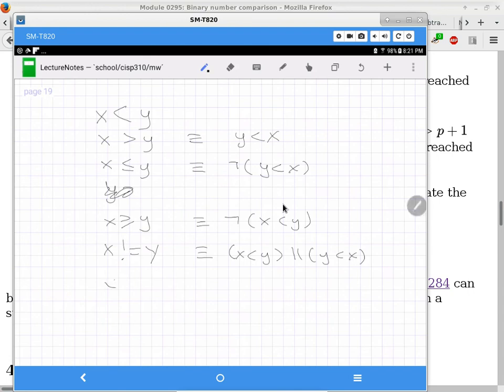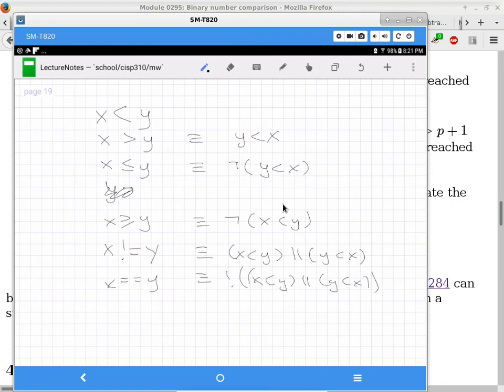So x equals y is the same thing as the negation of whatever we have on top, right? And I'll just leave it like this because if you apply De Morgan's law, it's not going to look any prettier. You just end up with more nots. It's not going to get any simpler, so I'm just going to leave it like that.